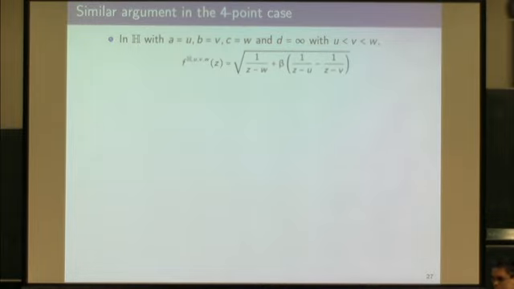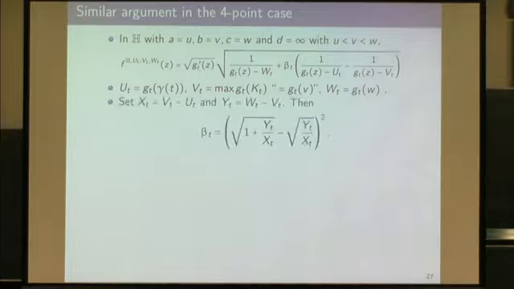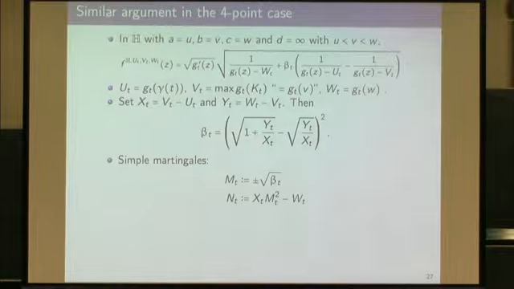And similarly, we can work with the 4-point case. So here is the observable, here is the observable at time t. So basically c is now w, and w_t is now w at time t. This is the unique value of beta. Then there are these simple martingales.